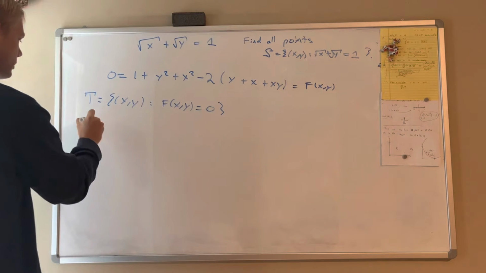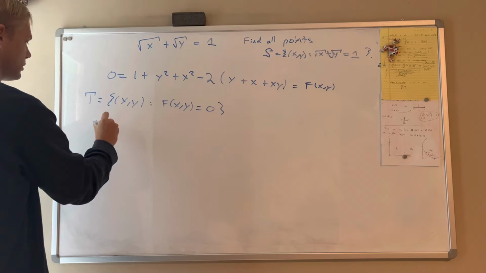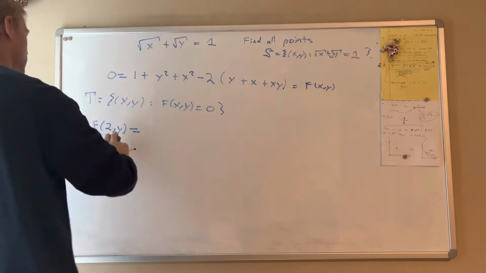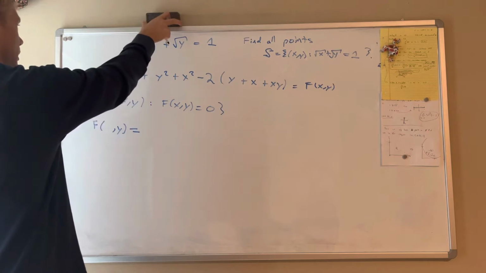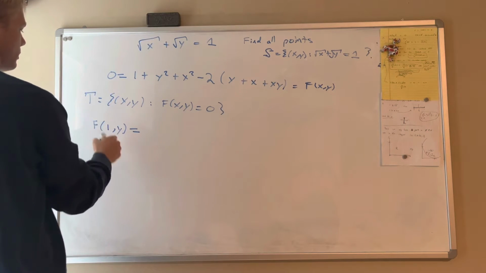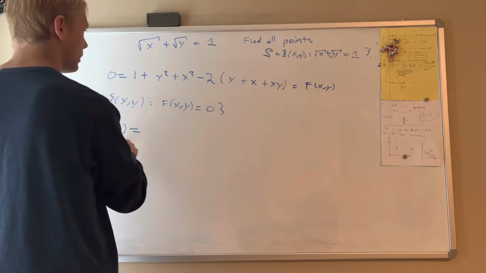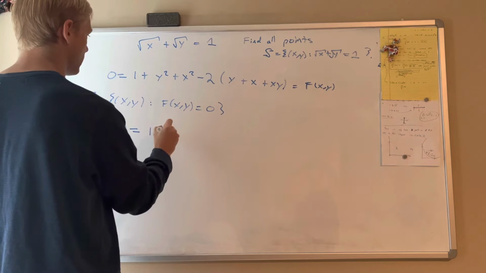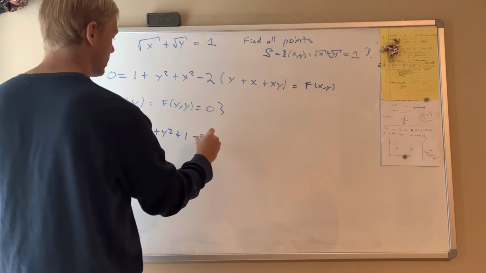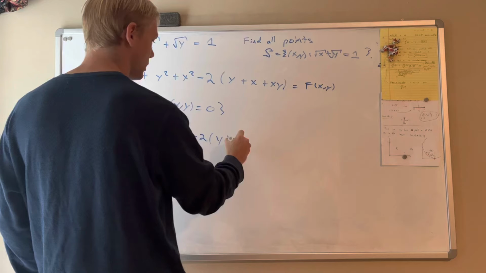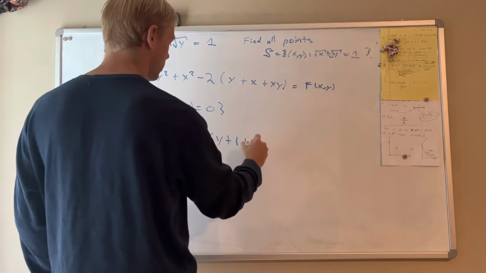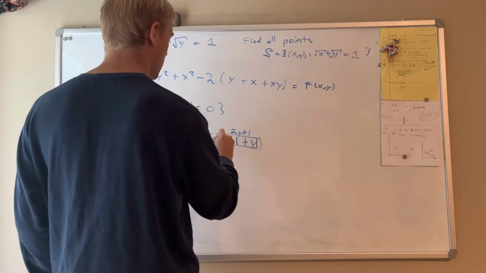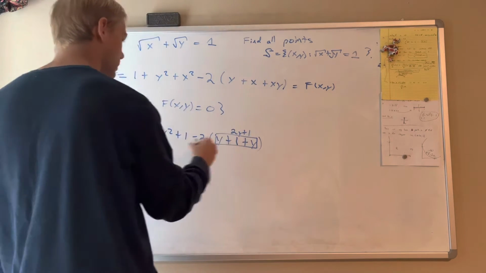So here we go. Let's do f of 1, y. So what do you get? You get this whole thing, plug in 1 for x, you get 1 plus y squared plus 1 plus 2y plus 1 plus 1 times y, minus 2.